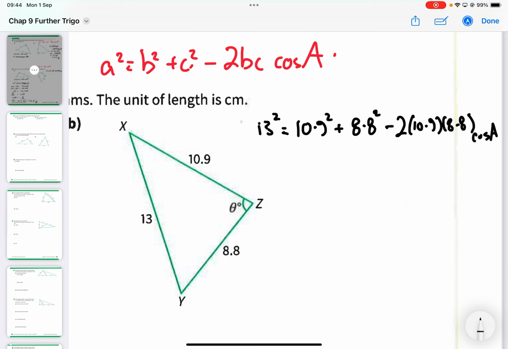Then just simplify your answer a bit first. 13 squared is 169. 10.9 squared plus 8.8 squared equals 196.25. 2 times 10.9 times 8.8 is 191.84, multiplied by cosine A.